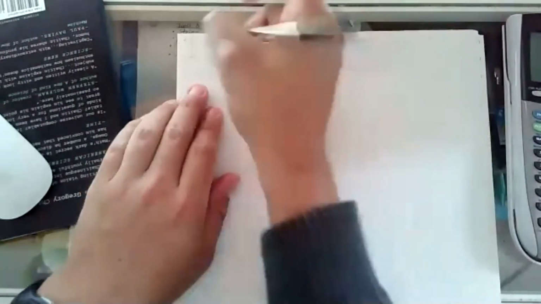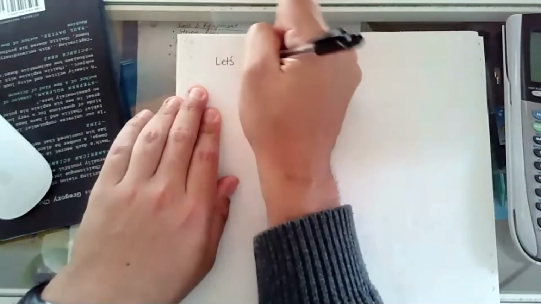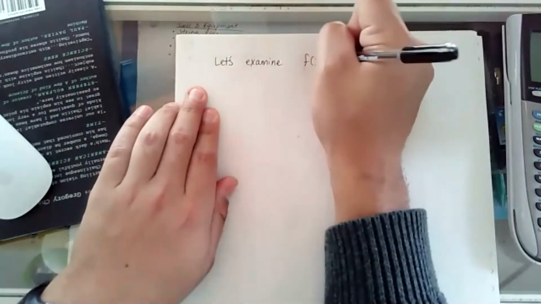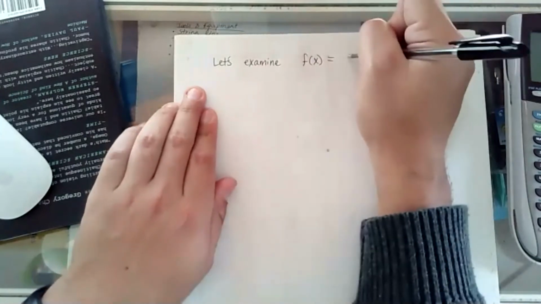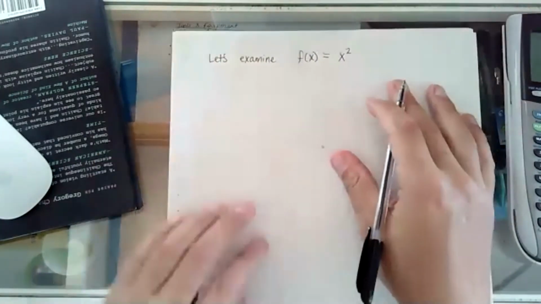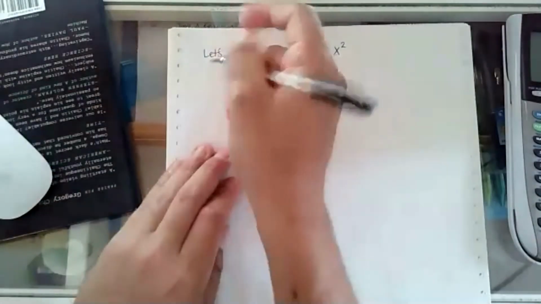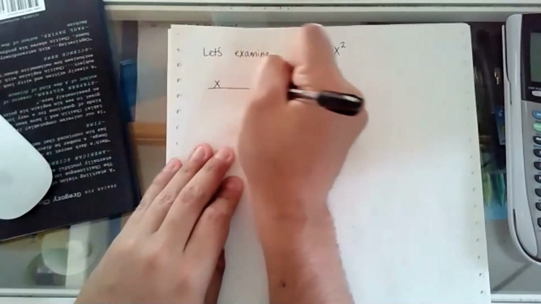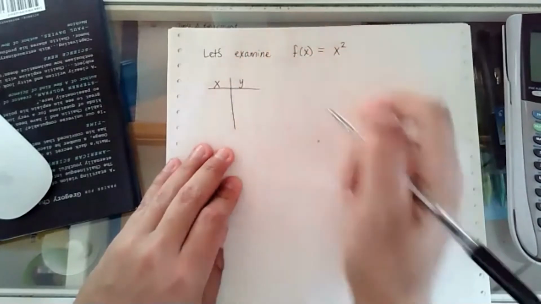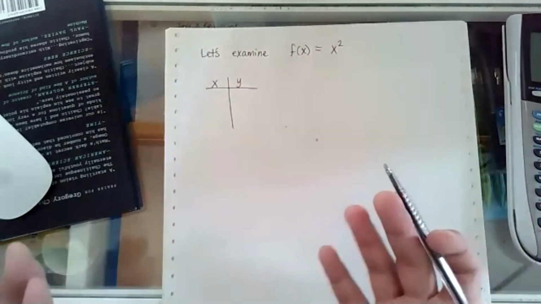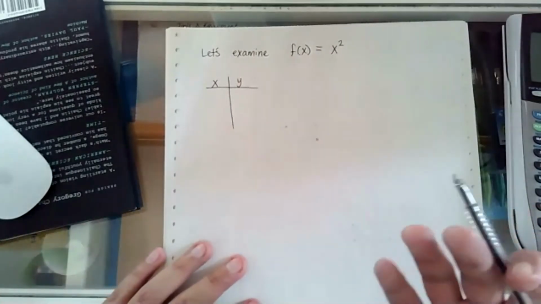So let's examine the function f of x is equal to x squared. Now, if you were to come up with a list of x values and y values, we could just choose some inputs, plug them into this equation, and then it would spit out our output values.